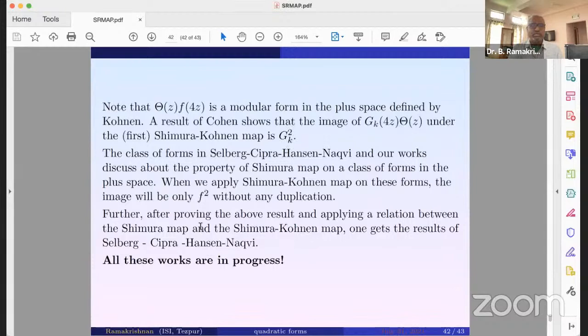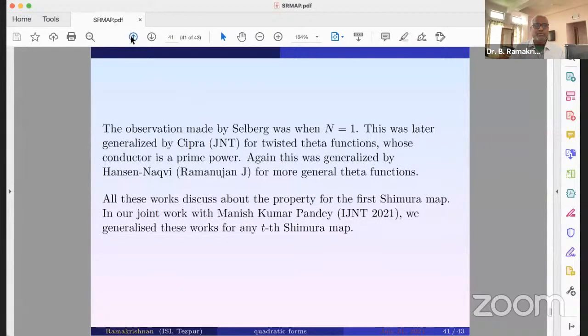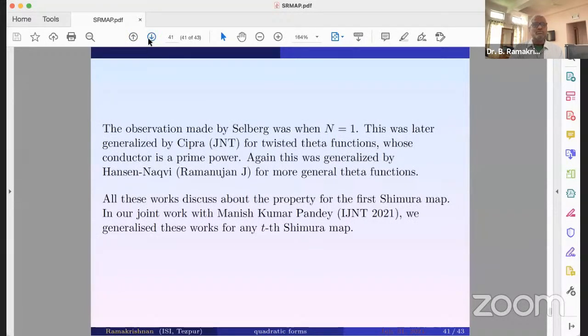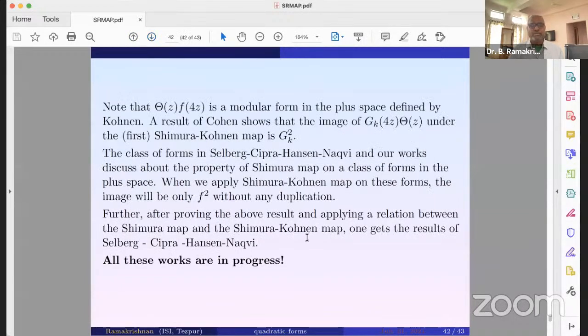Using this, and then the relation between Shimura and Shimura-Kohnen map, one can get back these results. So this also is provable. And the main part is to give a correspondence explicitly. This Hurwitz one is more general. So these are the three things; all the works are in progress. I hope to complete them in the coming days.